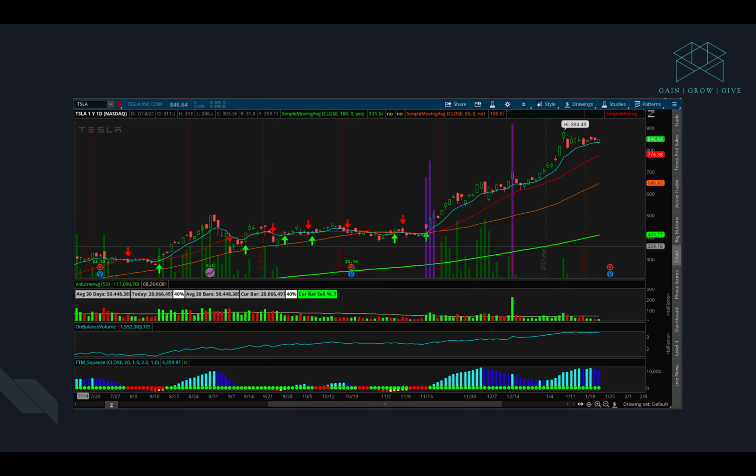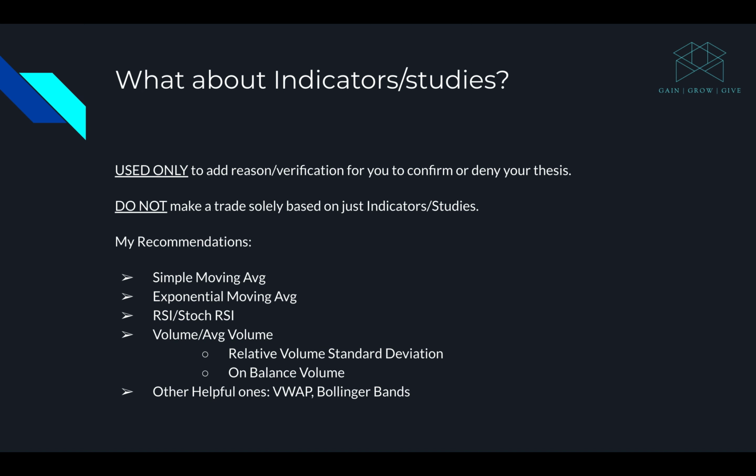That's not the smartest thing to do. So in this slide, I'm just reiterating what I said here. It's to be used only for a reason or a verification to confirm or deny your bias. Do not make a trade solely based on your indicators or a study.